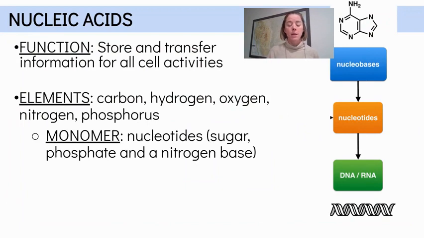Your monomer is going to be, again, that nucleotide. Sorry, the words are close together. I know, so that can be tricky. So make sure you have nucleotide and nucleic acid separate in your brain. A nucleotide is simply one piece. So it is made of 3 separate molecules: a sugar, a phosphate, and a nitrogenous base. You need all 3 of those pieces to make a monomer for nucleic acid.